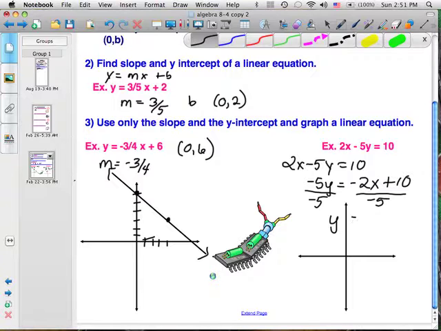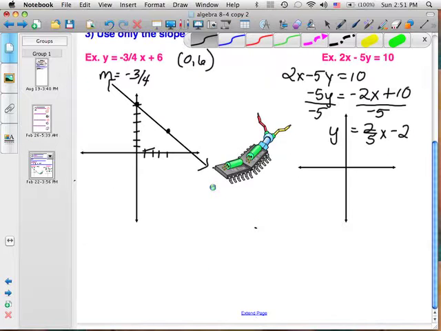So y equals positive 2/5 x, and 10 divided by negative 5 is negative 2. So on the second equation, the slope is 2/5, up 2, right 5, and the y-intercept is 0, negative 2.